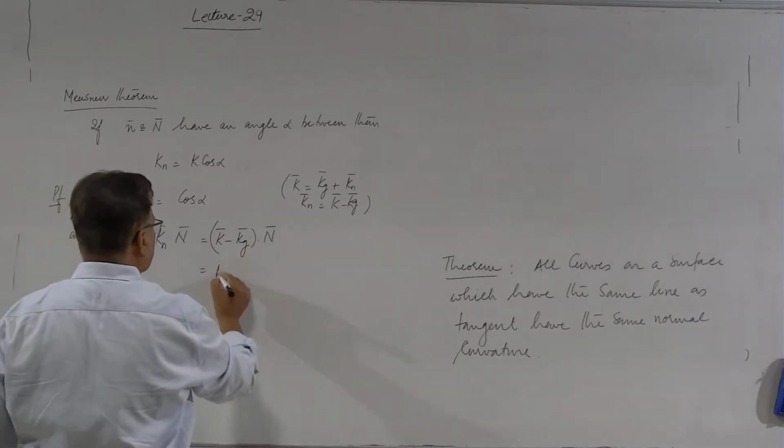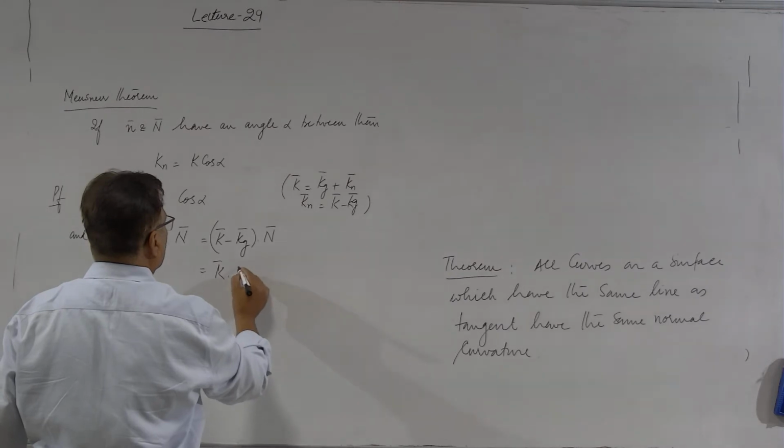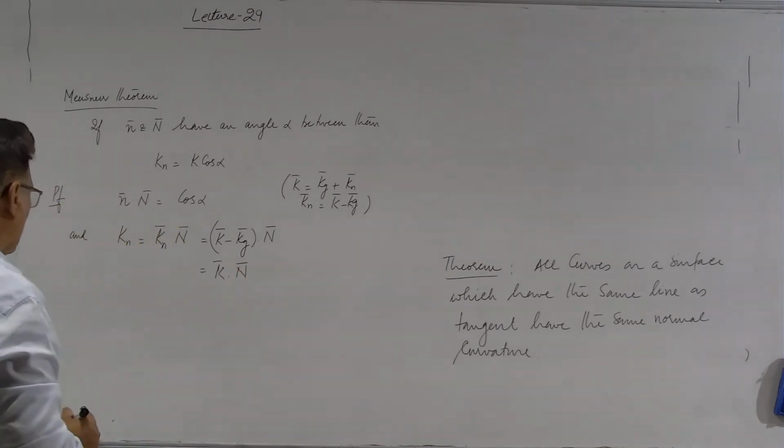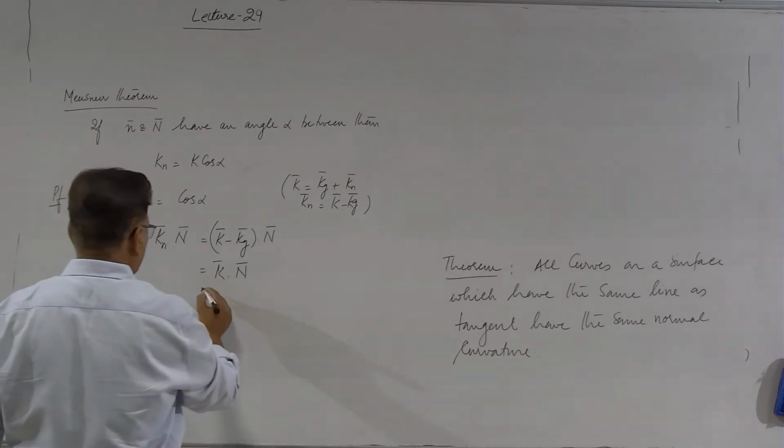So this will be simply K bar dot N, and K bar is along small n.